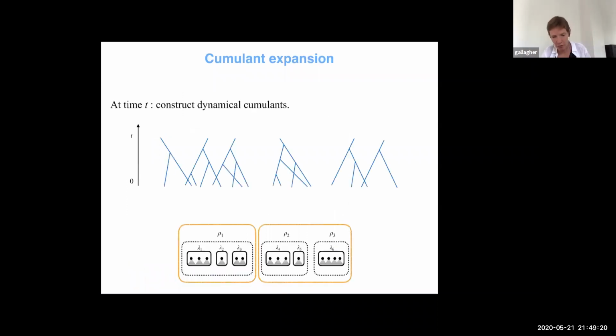Now, how do you construct those guys? This is just a drawing. I'm not going to prove anything here because it gets very messy. But if you look at n particles, let's say here I have 3, 4, 5, 6 particles, which are the same as here. 1, 2, 3, 4, 5, 6. At time t, I'm going to look at their collision trees, just as we did before with 1 particle. Now I look at all of them, their collision trees, and I want to know if those trees are linked. Not just at time 0, but from time t to time 0.